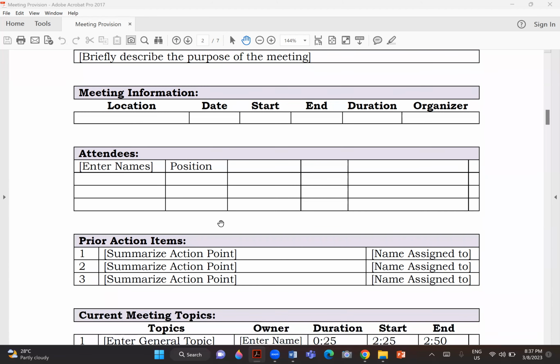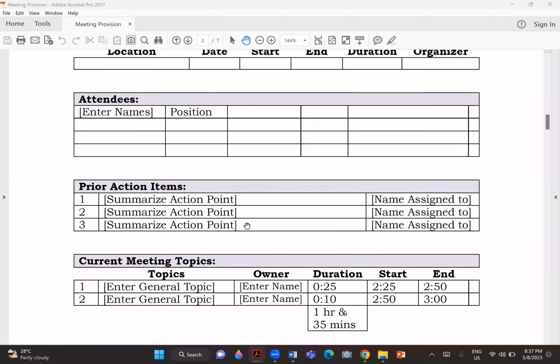The fourth part is prior action items. Remember, we spoke about meetings as a cyclic practice. So the current meeting has to be connected to the prior action items which were agreed upon in the previous meeting.